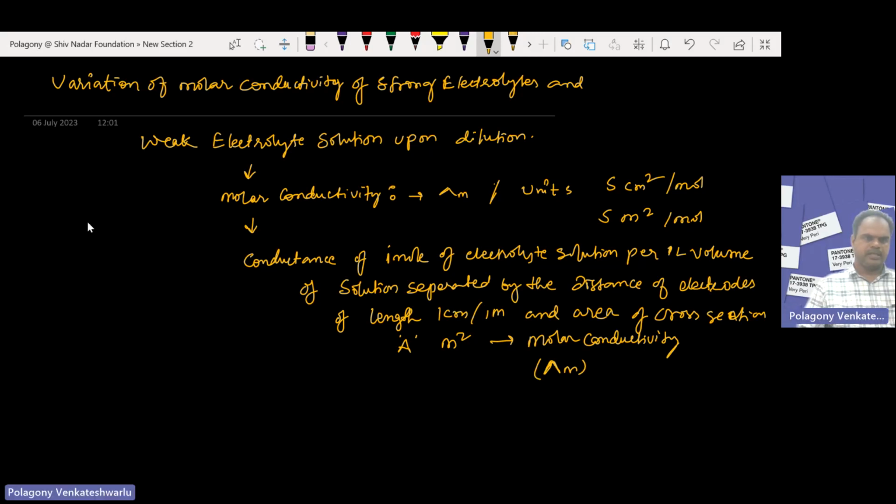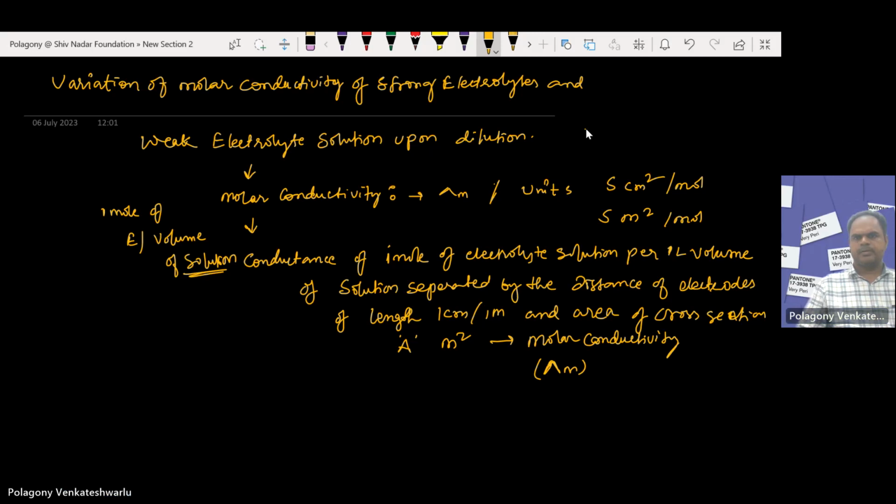Simple. So molar conductivity, as the name itself indicates, molar means 1 mole of electrolyte per 1 volume of solution. The number of ions present in 1 mole of electrolyte per volume, meaning in 1 liter, and how many ions will conduct electricity is said to be molar conductivity.